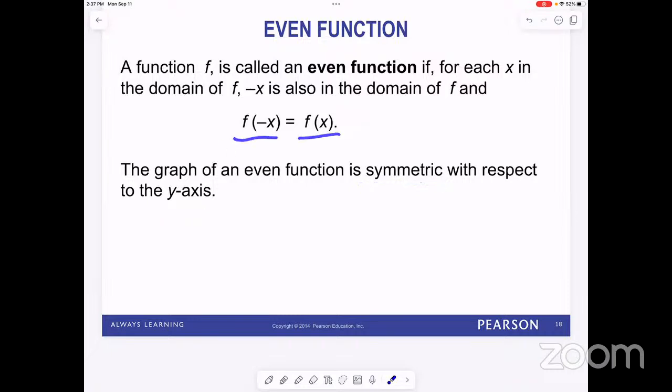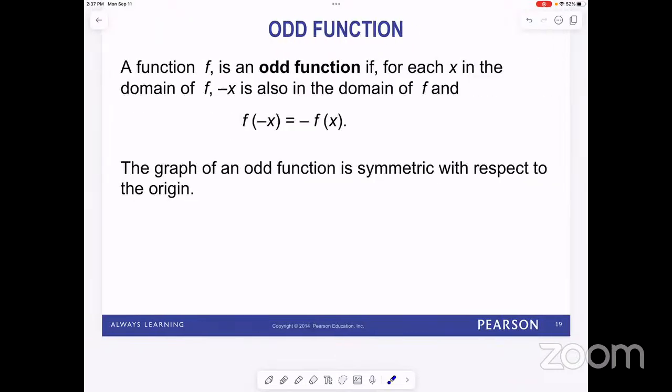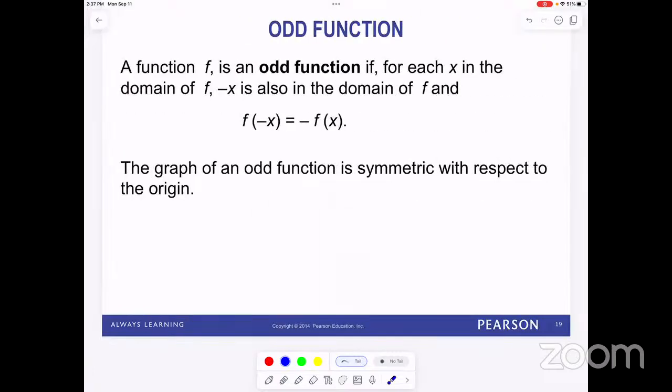The definition of an odd function: f of negative x equals negative f of x. Odd, f of negative x equals a negative times the original. Odd functions are symmetric with respect to the origin.